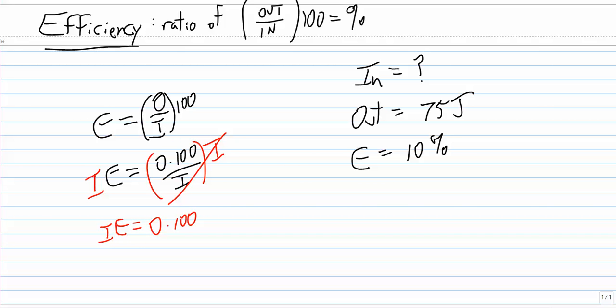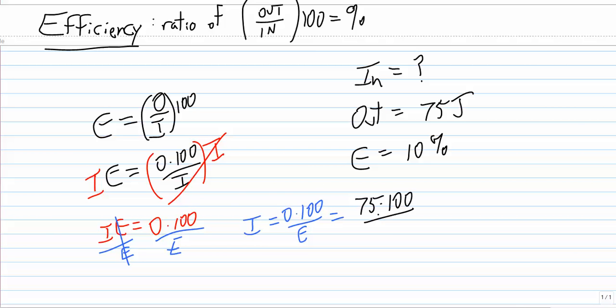And then what I'm going to do next is, since I want I by itself, I want to get rid of this multiplied E. So I'm going to divide by E. And what I wind up with is I equals O times 100 over E. So let's plug in our numbers and see what we get here. O was 75 times 100 divided by the efficiency. I think I can do this without the calculator. 75 times 100 is 7,500.